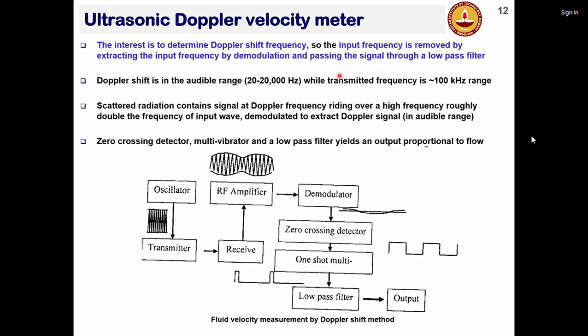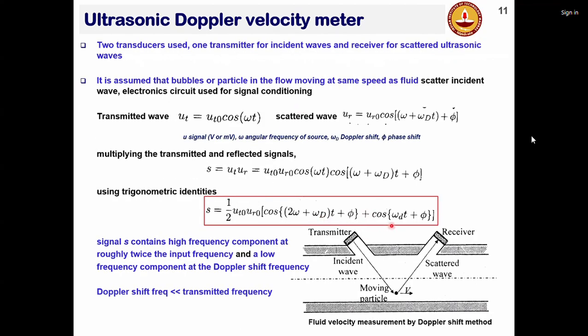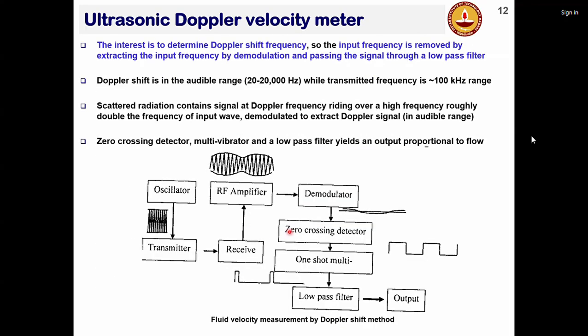In order to obtain the Doppler shift frequency from this signal that you get, you need to get rid of this incident signal omega. This input frequency is removed through a process called demodulation and by passing this signal through a low pass filter, because the Doppler frequency is much smaller.